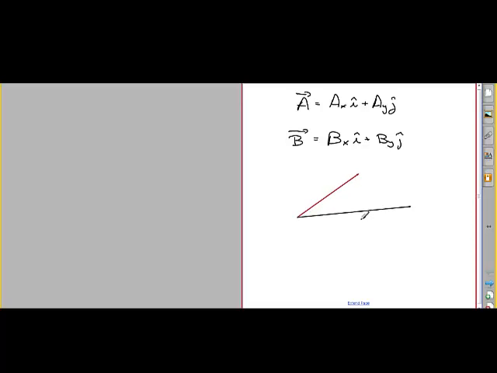So this is vector A, and this is vector B. And there's an angle between the 2 vectors. This angle is not relative to the coordinate axis. It's the angle between the 2 vectors. Actually, they use phi because we've used theta before. So let's use phi. Phi is a Greek symbol spelled like this.